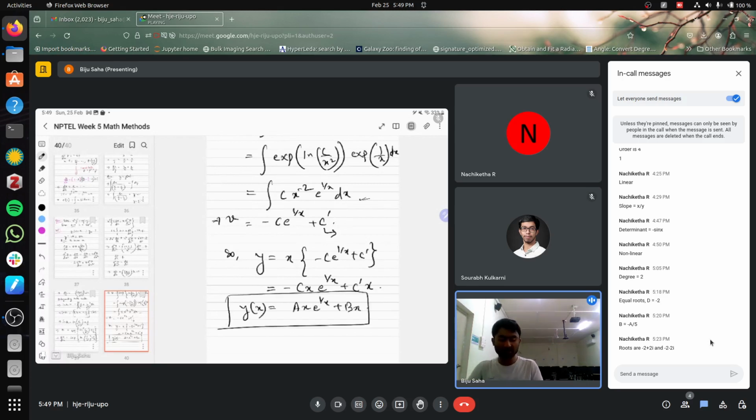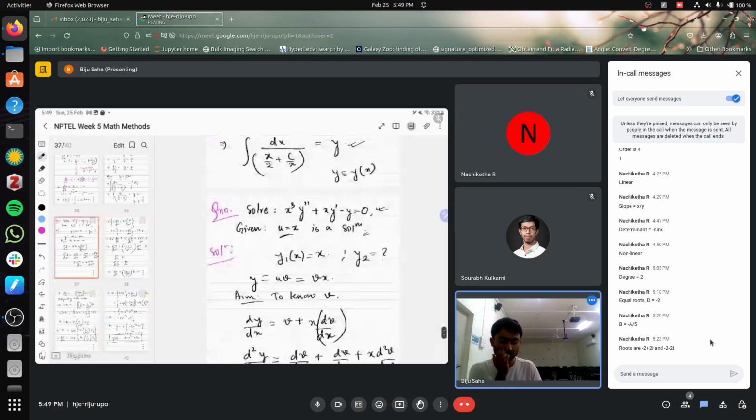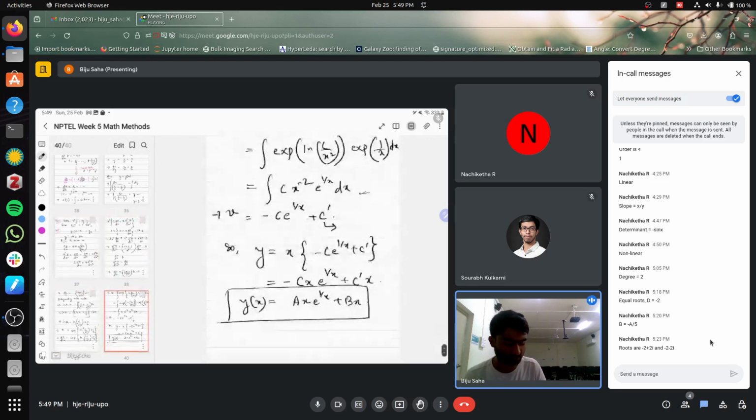So this is my solution of y of x, the other solution, provided I knew one solution. So this was one of the solutions, and this is the other solution.